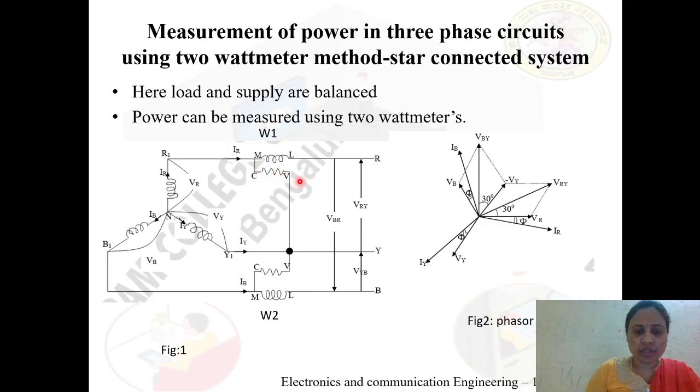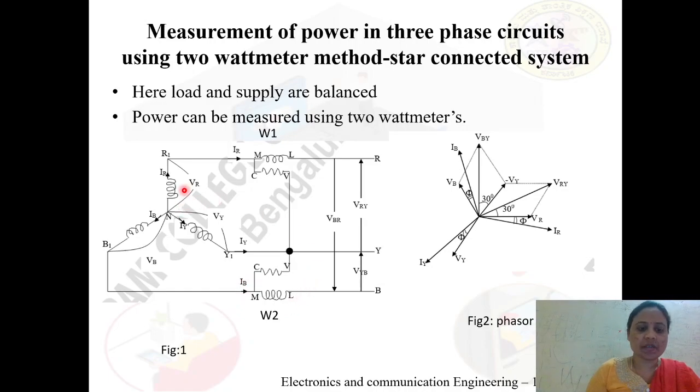The voltage coils are given to the line for which no wattmeter is connected. Here we have not connected any wattmeter to line Y. So only for R and B the 2 wattmeters are connected.